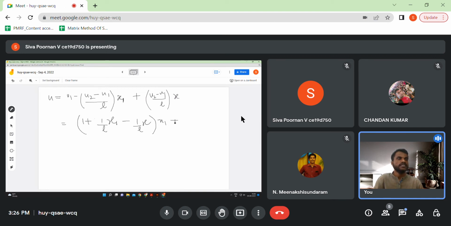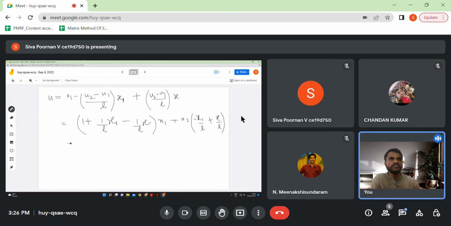Plus, and similarly I can take u2 outside and take all the u2 terms common. So I have minus u2 by l here, which will give minus x1 by l, right? And then what are the u2 terms I have? 1 by l x, right? So I'll have plus x by l, right?